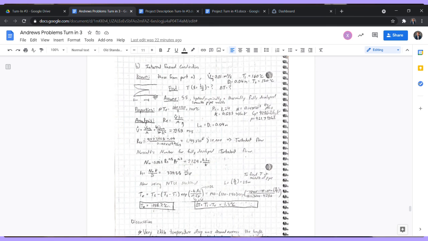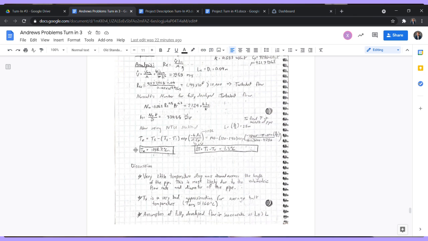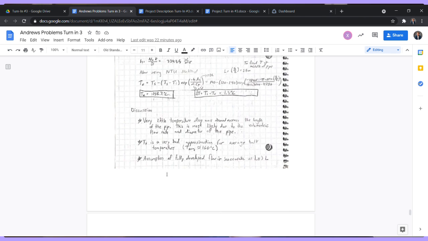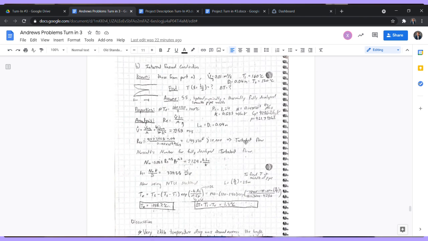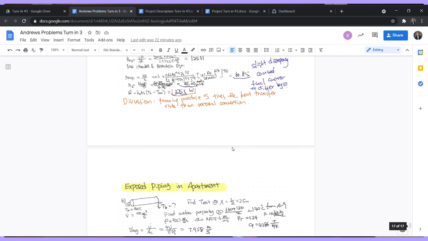An average temperature between the surface temperature and the initial temperature was found. From there, we gathered our properties, and we found our Reynolds number, our Nusselt number, and our exiting temperature, which didn't vary very much. So yeah, thank you.